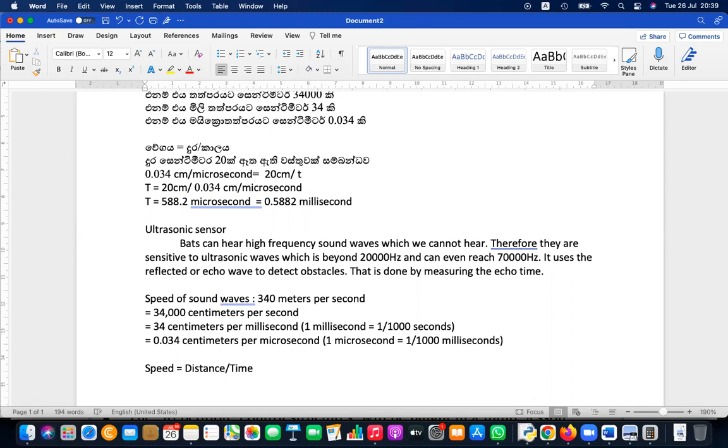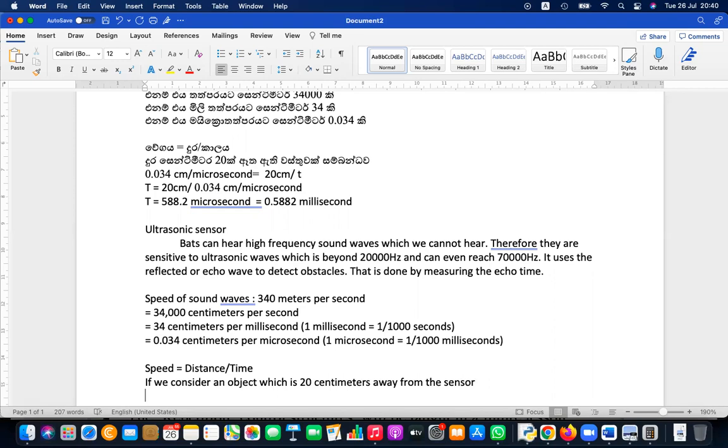So if we consider an object which is 20 centimeters away from the sensor, you can apply this.